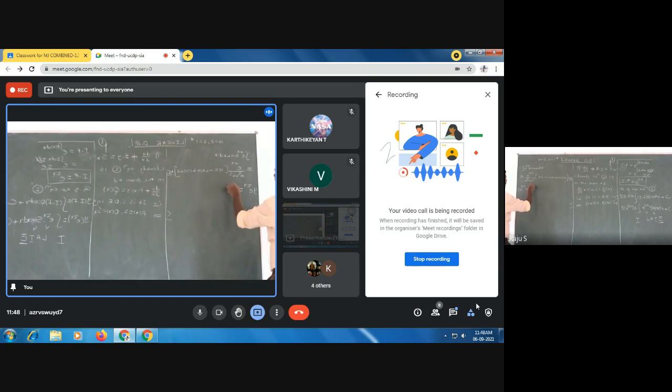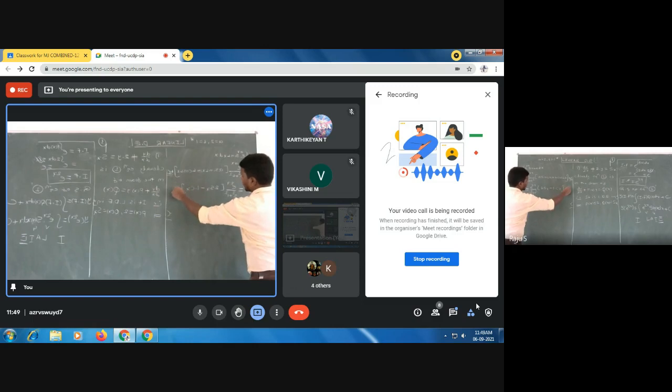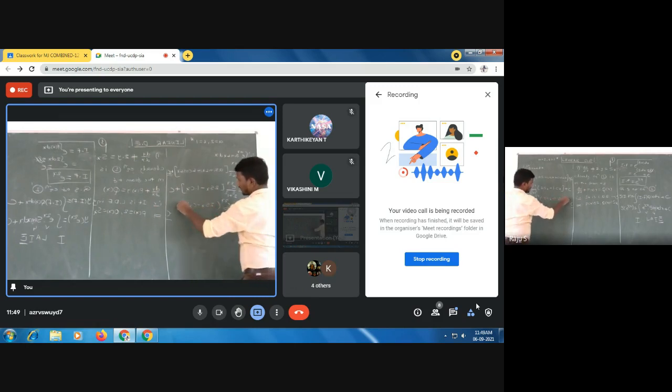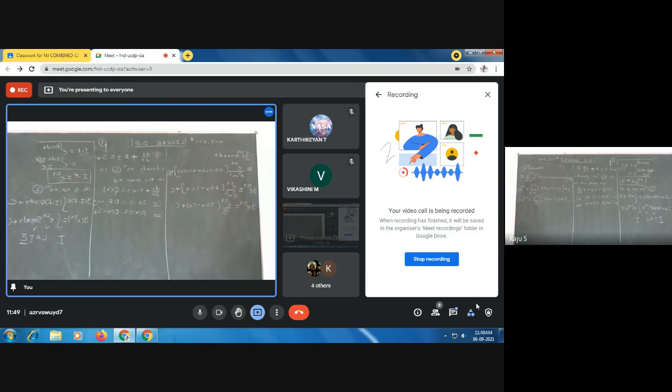So e to the power of 2x by 2 square plus 1 square, into a is 2 sin x minus b is 1 cos x. So e power 2x by 5, 2 sin x minus cos x, plus c. This is the required answer.